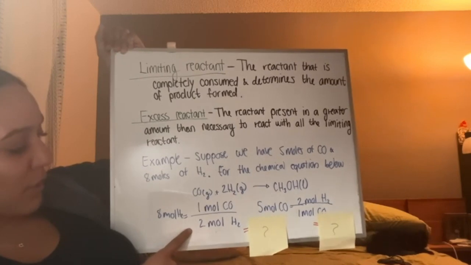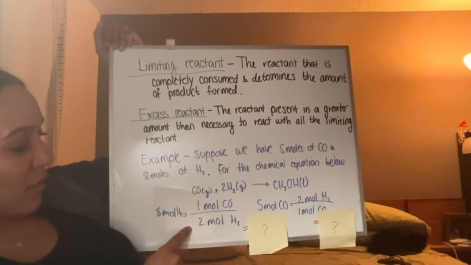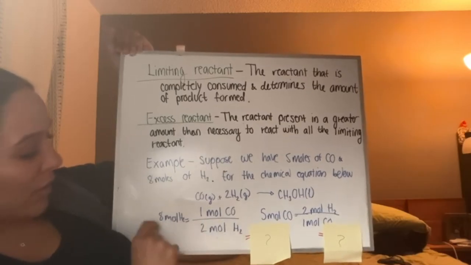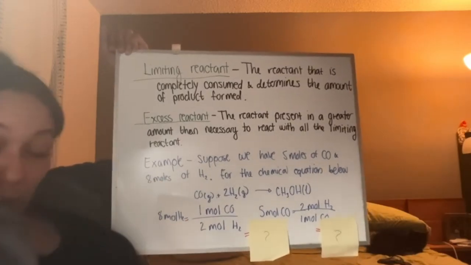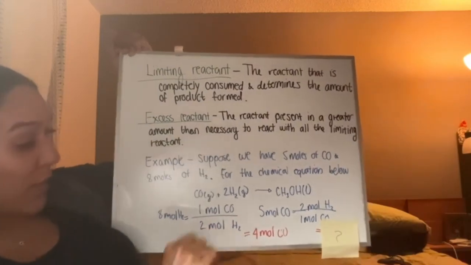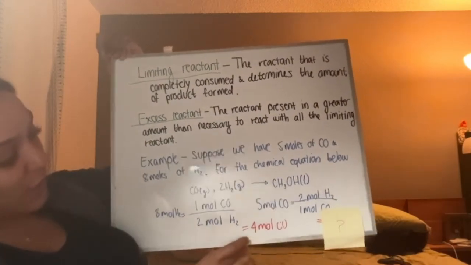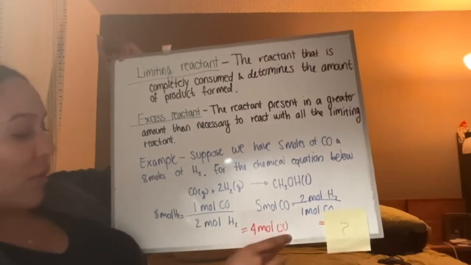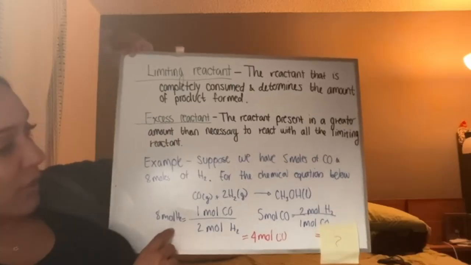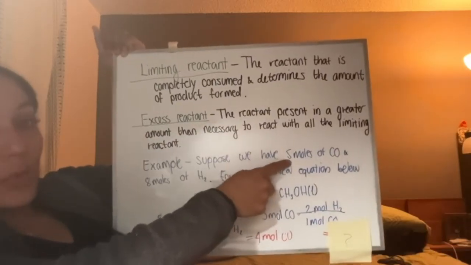So that's what I put here. So 1 mole CH, and then basically these cancel out. So you'll have 8 divided by 2 equals 4. Ta-da. And what this is saying is we would need 4 moles of CO to consume all of the 8 moles of H2, and we currently have 5 moles.